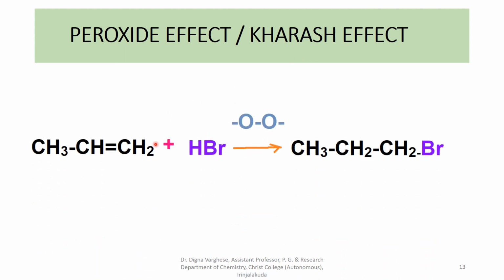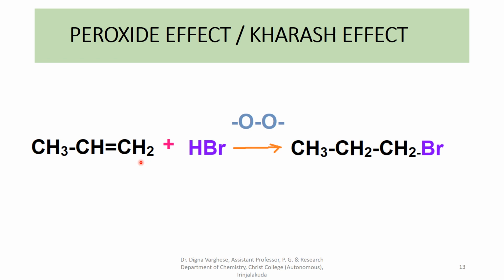Here you can see propene reacts with hydrobromic acid in the presence of benzoyl peroxide to form n-bromopropane, that means the bromide ion attaches to the carbon atom containing more hydrogen atoms. This is contrary to Markovnikov's addition.